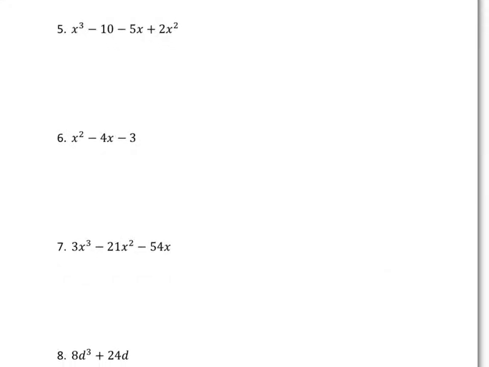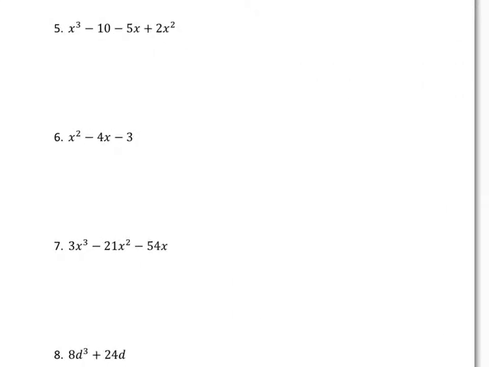Okay, a couple more examples. So number 5 here, this is where we're starting to mix it up on the back side, or I guess this is page 2, whatever you want to call it. For this one in number 5, I look at these first two and I'd probably group them together, but the problem with that is there's not any greatest common factor in x cubed and 10.